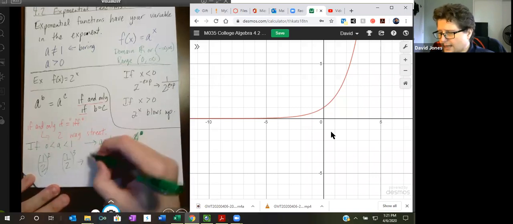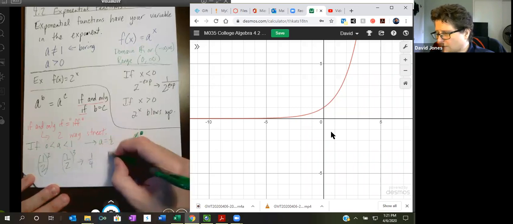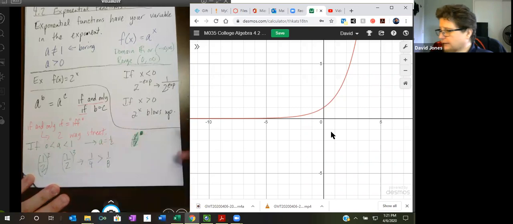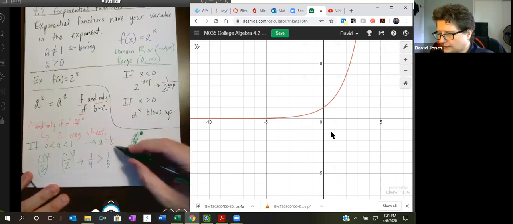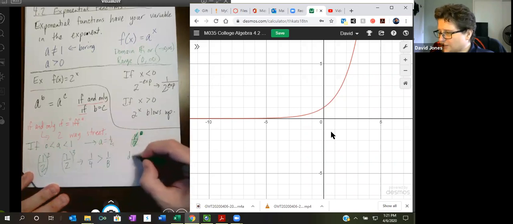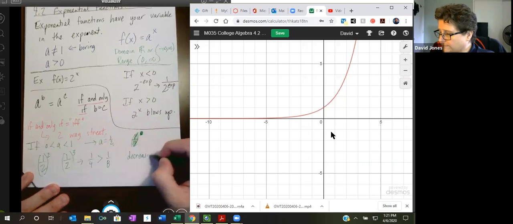This ends up being 1/4, and the right one is 1/8. 1/4 is bigger, which means when a is a small number, this goes downhill. It's a decreasing function as x goes up.